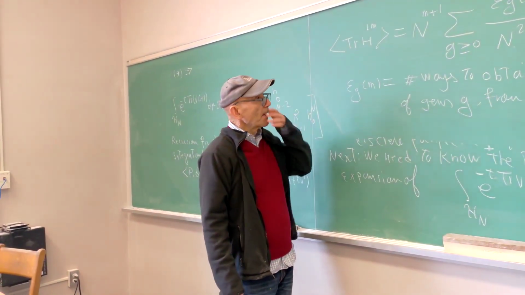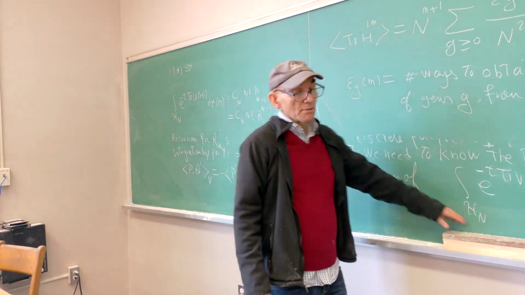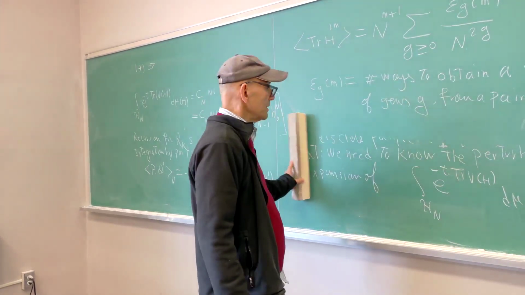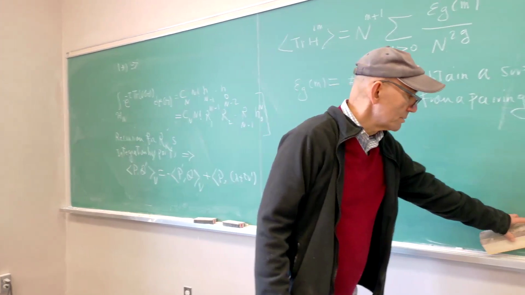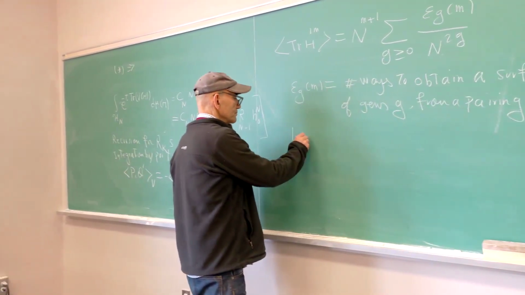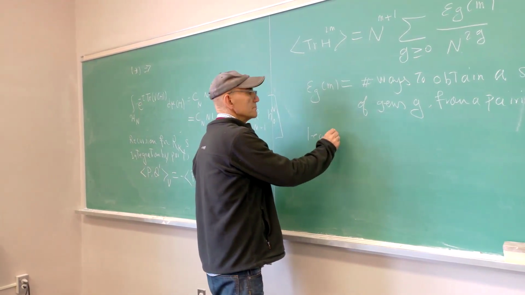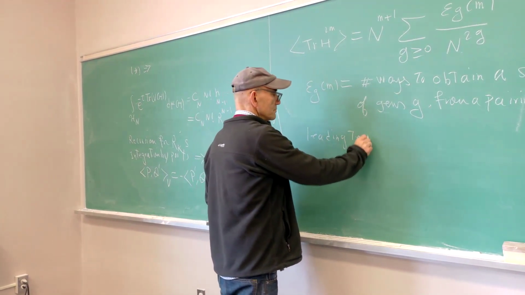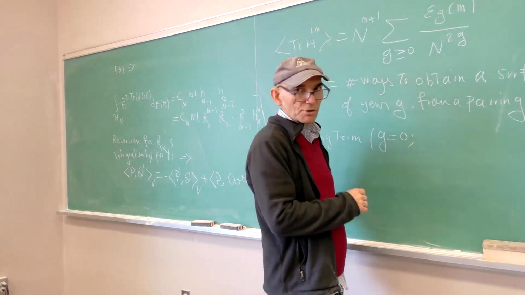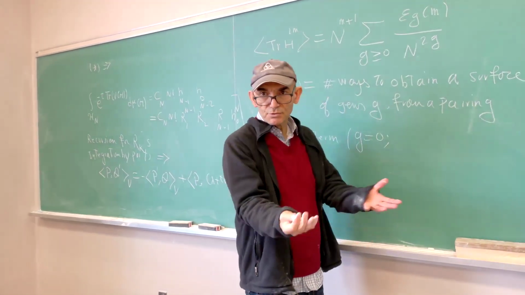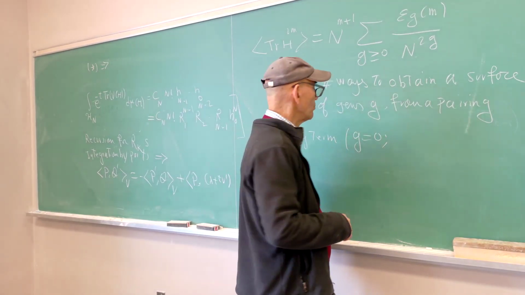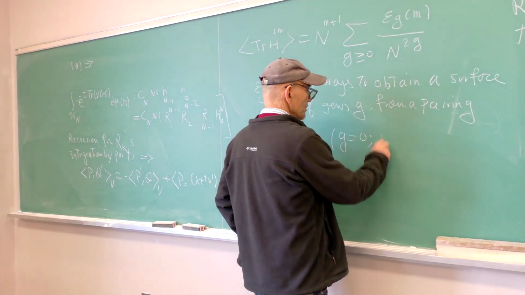Okay, so yeah, and then what we observed is that the planar terms, the leading term, g equal to 0. In physics, they'll call it planar because they correspond to a sphere, and a sphere is flat if you punch one point on the sphere. g equal to 0, planar.